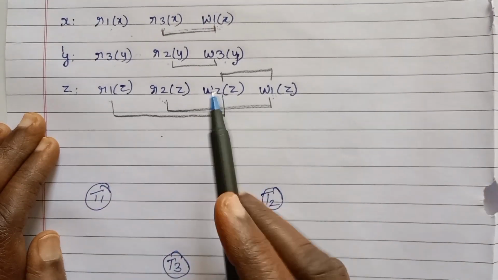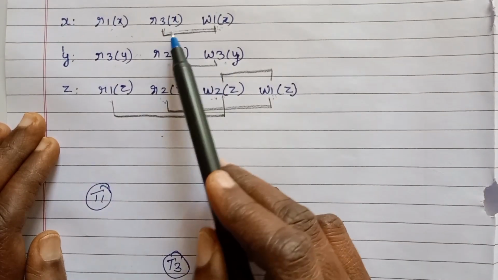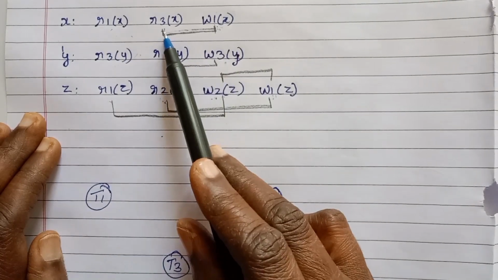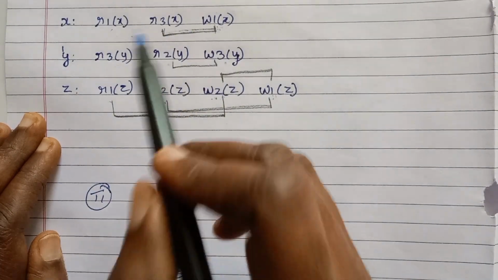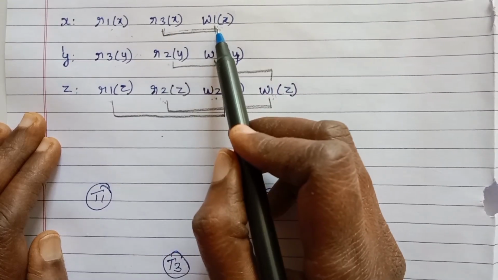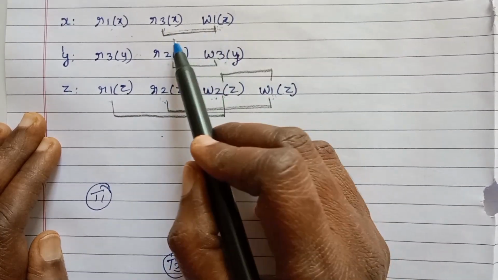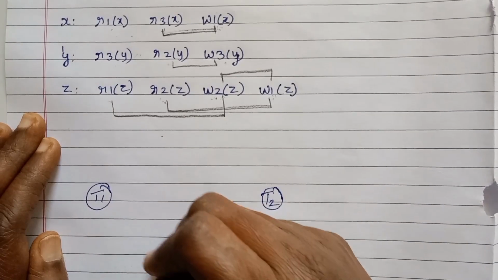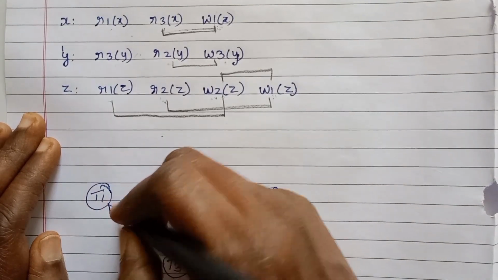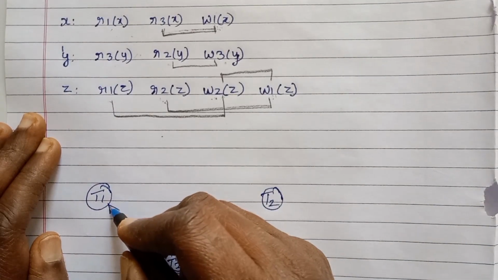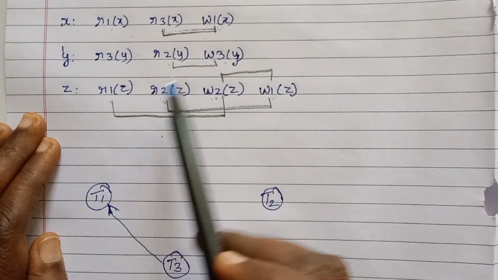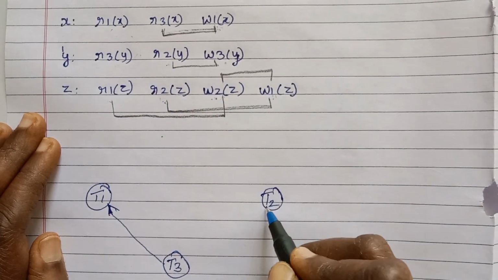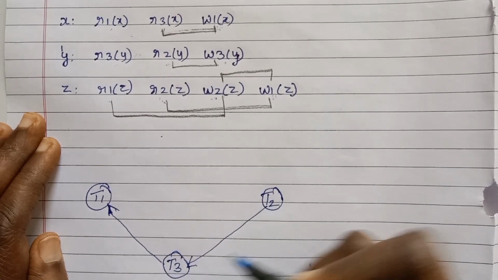See, here R3 of X and W1 of X, so the arc comes from R3 to W1, that is from transaction 3 to transaction 1. So draw an arc from transaction 3 to transaction 1. Okay, next transaction 2 to transaction 3.